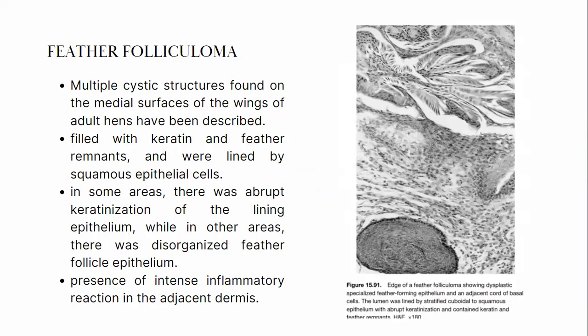In some areas, there was abrupt keratinization of the lining epithelium. Sa iba naman, merong disorganized feather follicle epithelium, and there was an intense inflammatory action in the adjacent dermis. Similar cysts are also described sa turkeys.